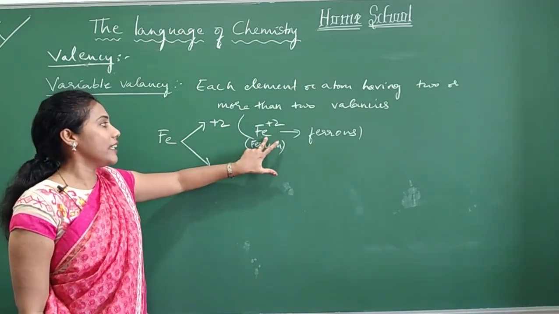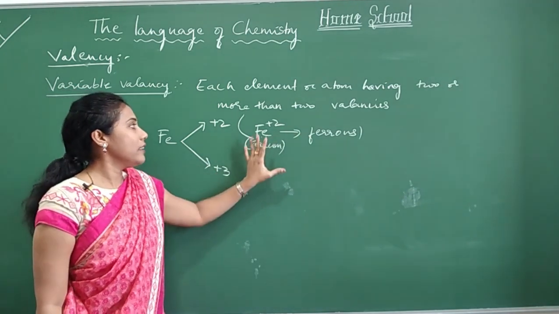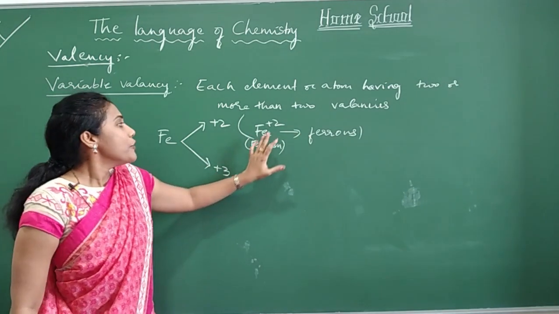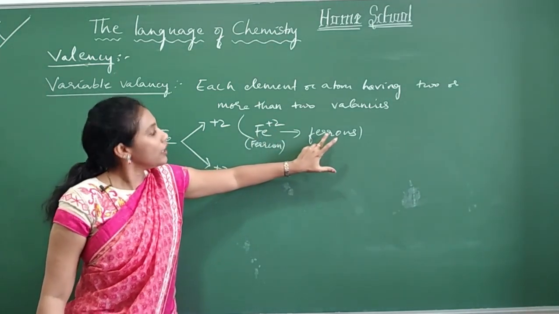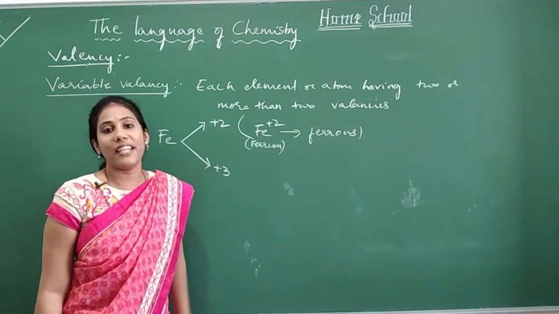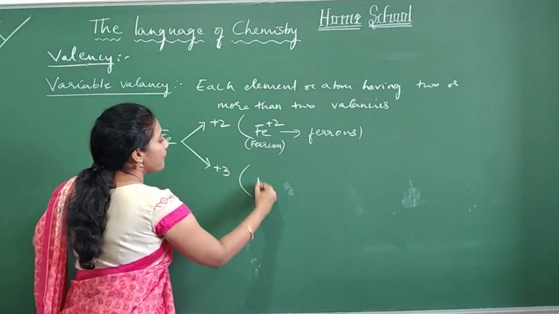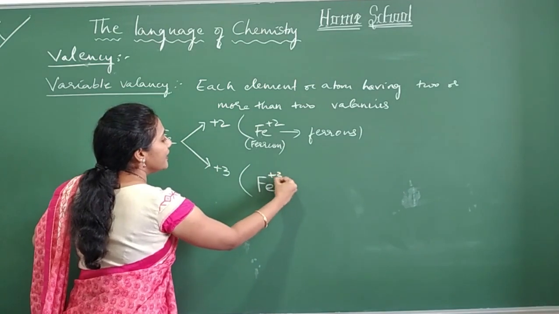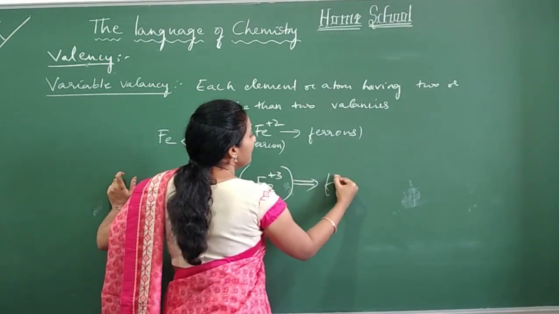Latin name for iron is ferrum. So Fe, first two letters we have taken for the symbol. So when it is having a +2 valency, we will call the iron with the name ferrous. It is ferrous ion. And when it is having +3, we write iron as Fe +3, and it can be called with the name ferric.